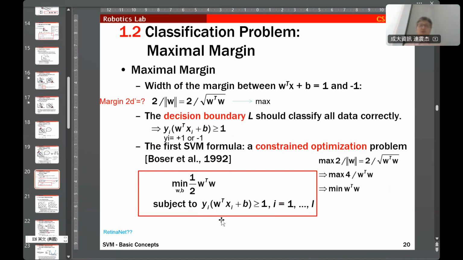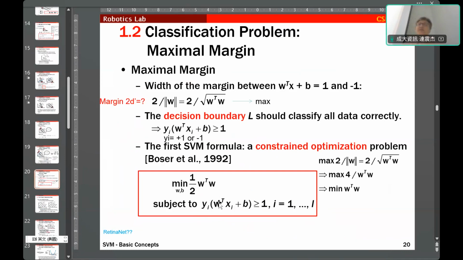But the difference is what? We have a constraint here. This is your constraint. Because after we find a W, the purpose is for classification. So we hope the W, this equation, times y is the class.